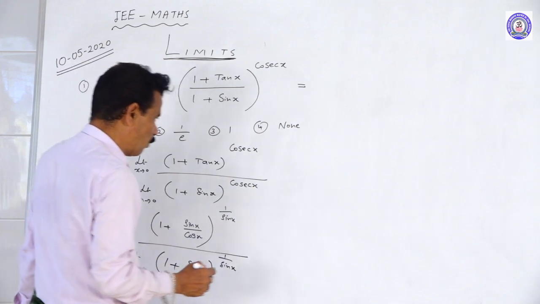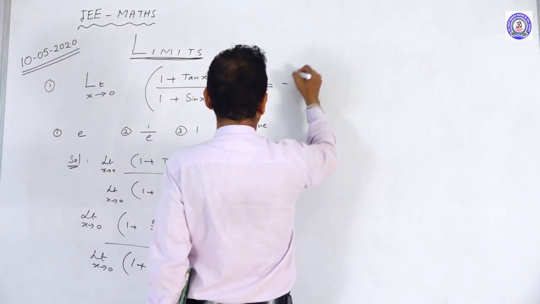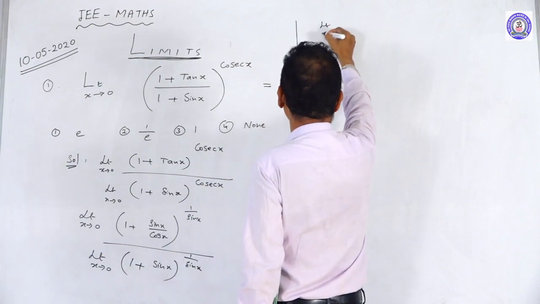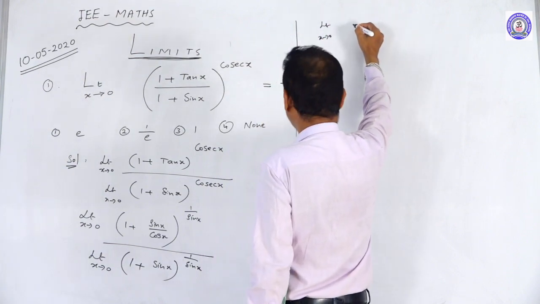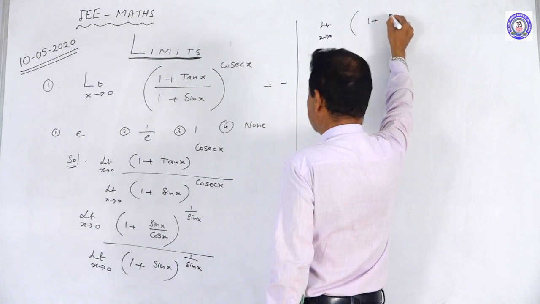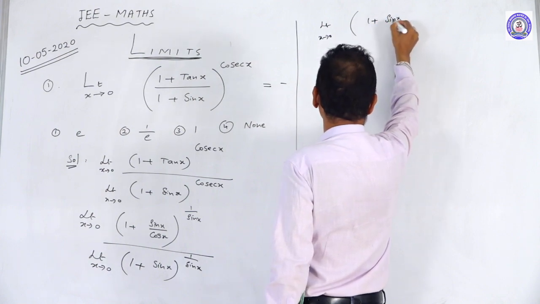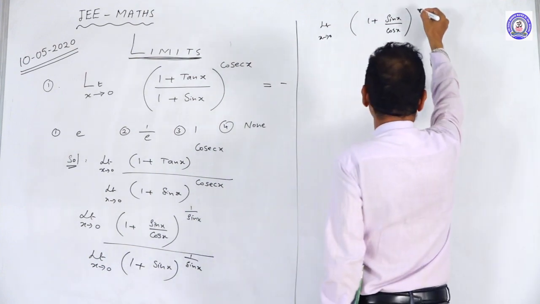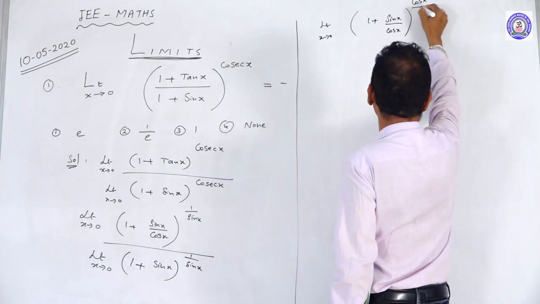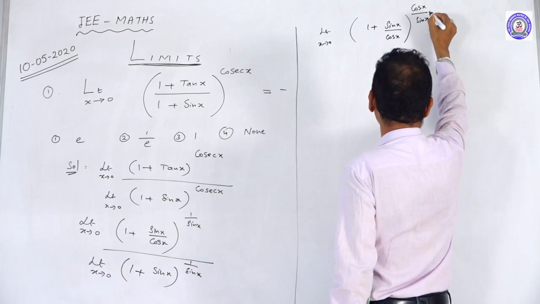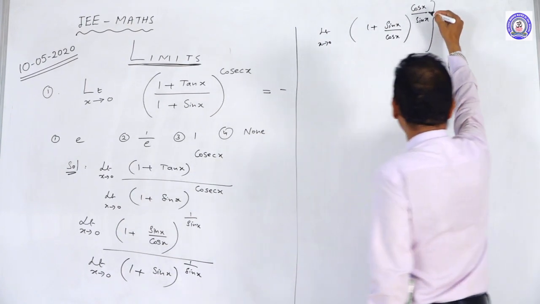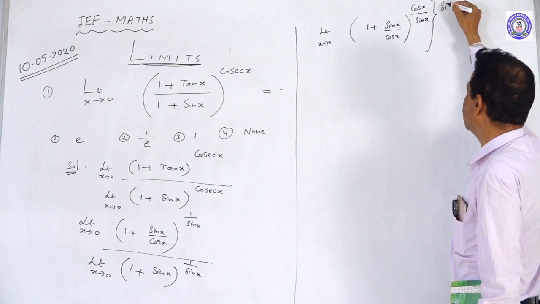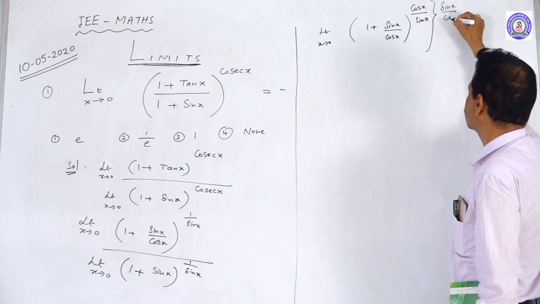Why? Because one formula is there. Limit x tends to 0, (1 plus sin x by cos x), here also to the power cos x by sin x. This is extra. So for this cancellation, again multiply by sin x by cos x.